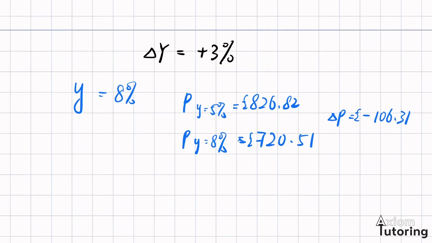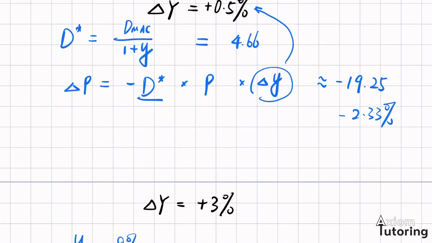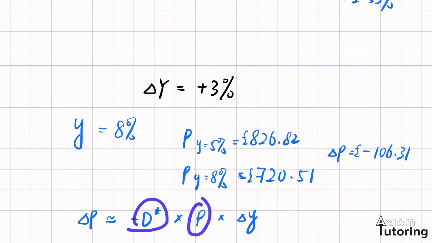Now let's take a look at what the approximate difference is if we use the modified duration. The modified duration tells us that the change in the price is going to be minus D star times P times delta y. So we still have the same modified duration as this one, which is 4.66, and the original price stays the same.